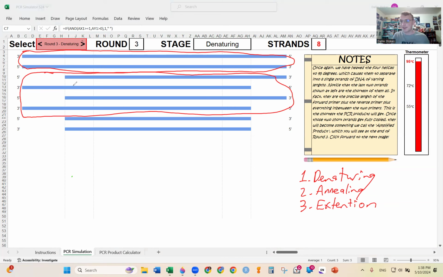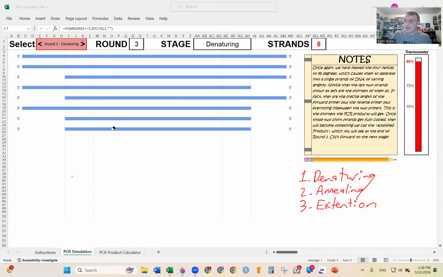They've been clipped on one end or the other. And then I've got these 2 right here that have been clipped on both ends. That's going to become really important when we finish this step out, okay?